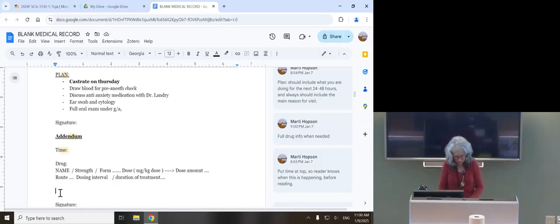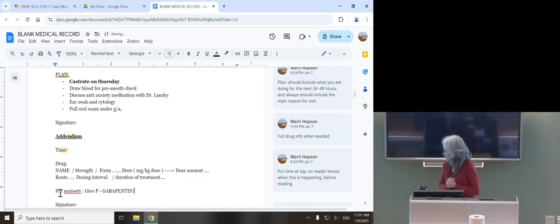So an example for our plan, we could say, you don't even have to do this, but for anxiety, give patient. You don't have to capitalize it. Gabapentin.